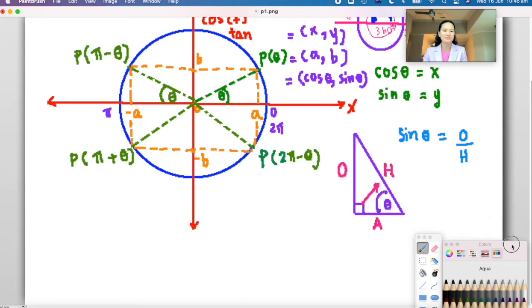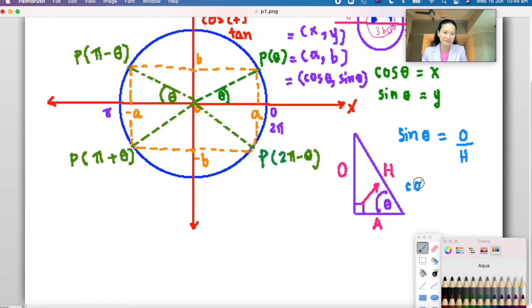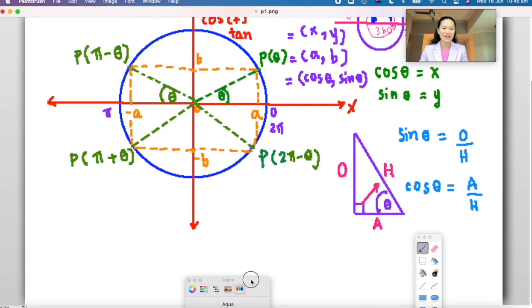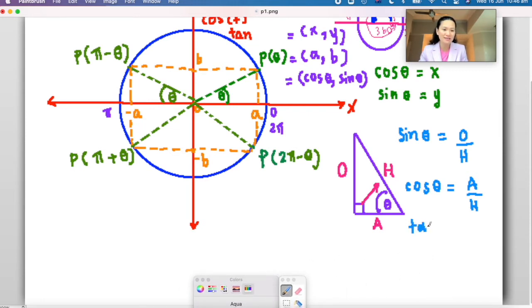How about cos theta? Cos theta equals adjacent over hypotenuse. Next one, how about tan theta? Do you remember this one?